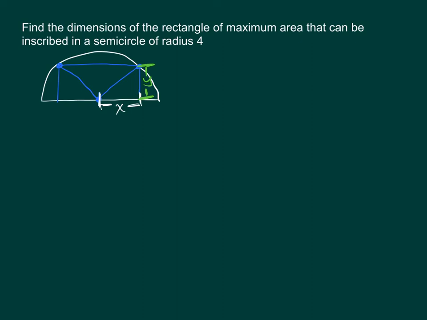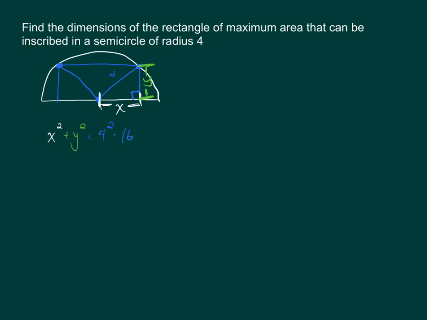Anyway, for everybody else and my students, we know that since this is the top half of a circle, and you can see it here by this right triangle, the Pythagorean theorem of this right triangle would be x squared plus y squared equals 4 squared, or 16 if you will.